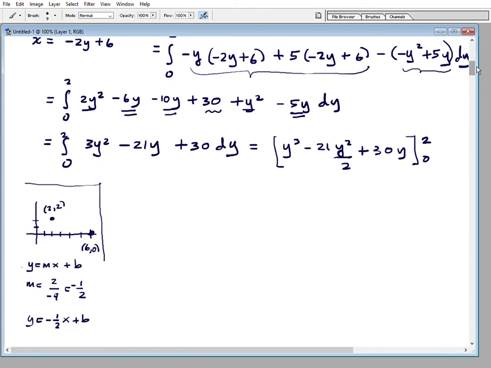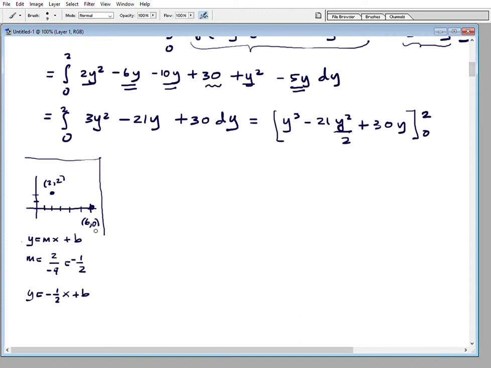All right, and now figure out b by substituting in 6, 0. So that's 6 for x, and that's 0 for y. So here we have minus 6 over 2, minus 3.